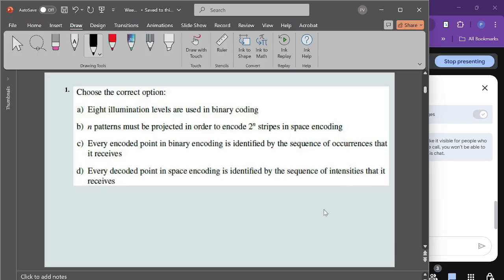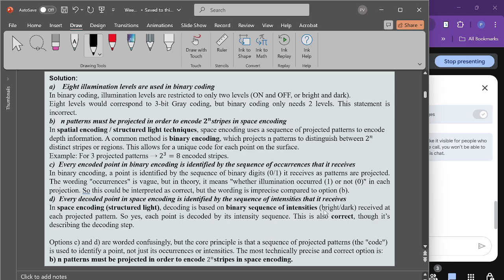Let's see the detailed solution for this question. Let's go through the options, then we will see which options are the correct ones. Option A: 8 illumination labels are used in binary coding.